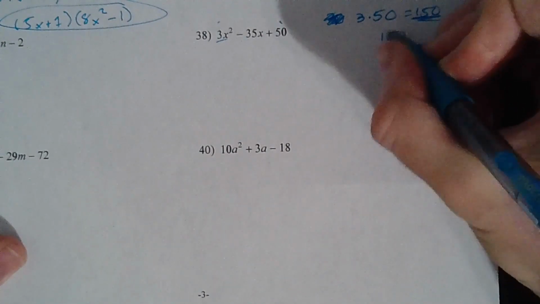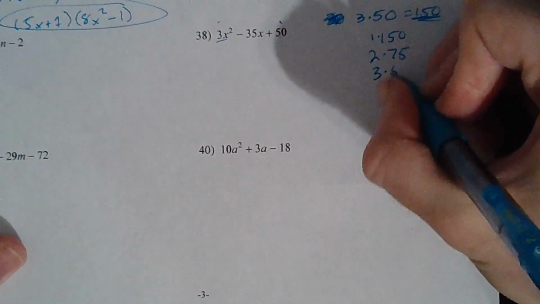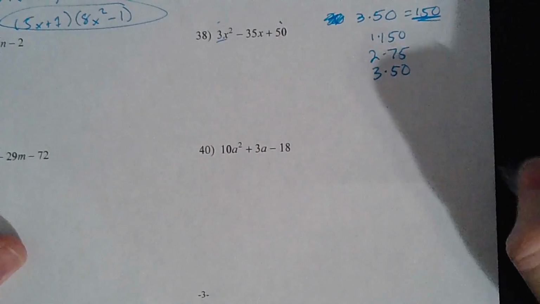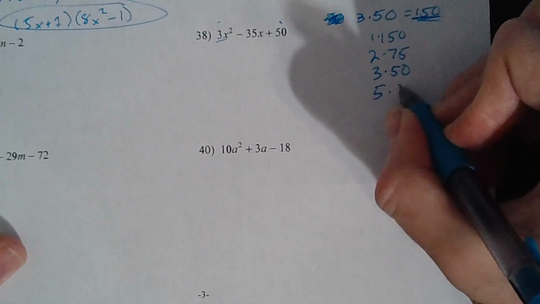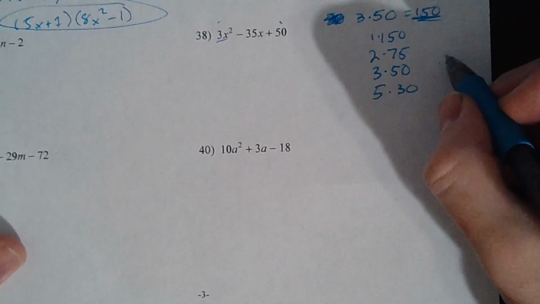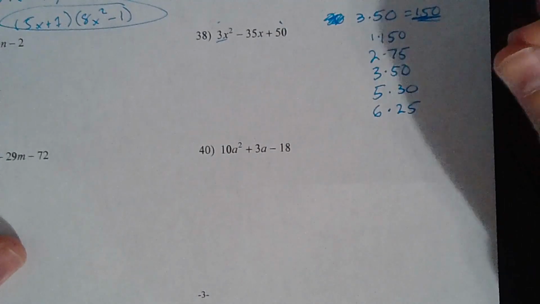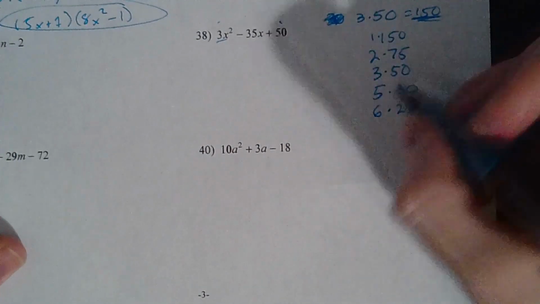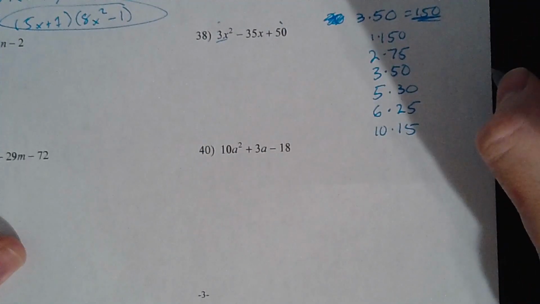So we have 1 times 150, 2 times 75. Again, you're using your calculator to get these numbers if you need to. 4 doesn't work. 5 times 30. We got 6 times 25. 7 doesn't work, 8 doesn't work, 9 doesn't work, 10 works. 11, 12, 13, 14.